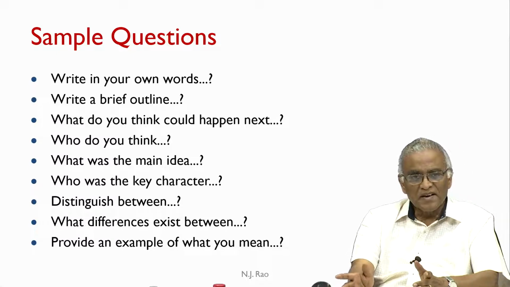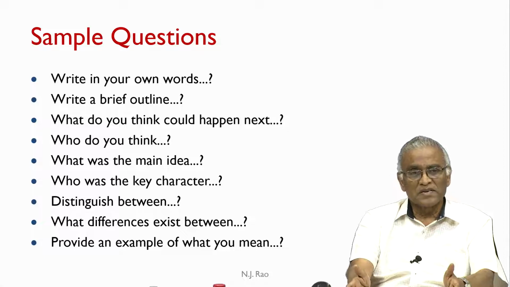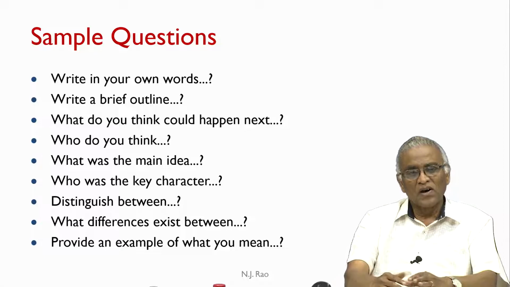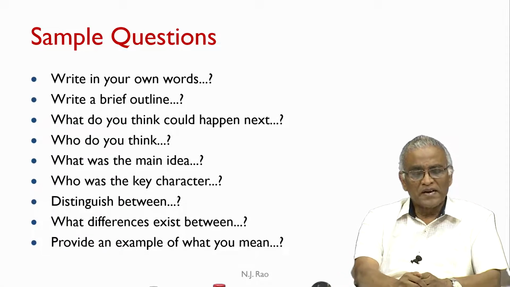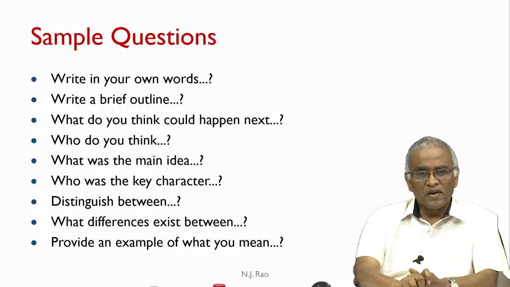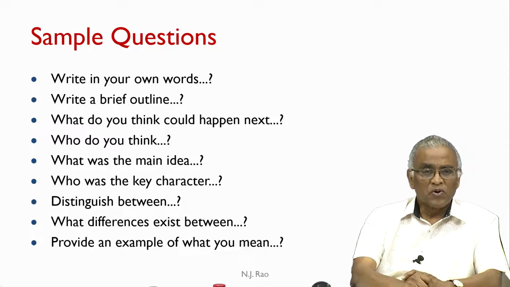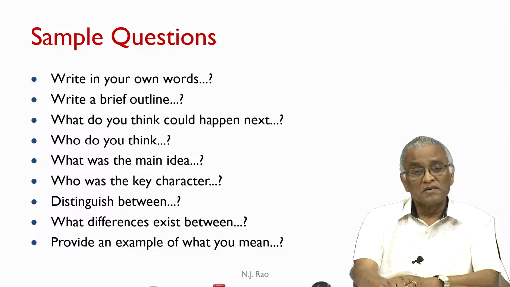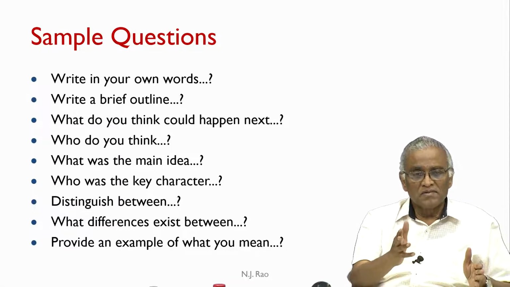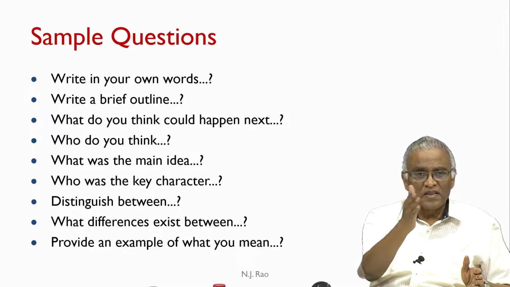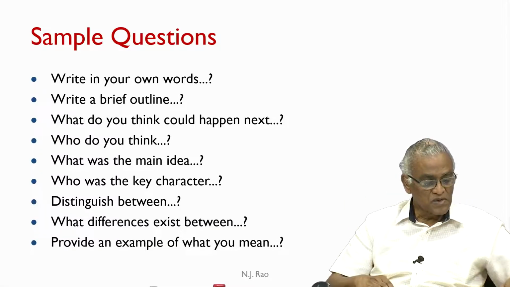What was the main idea presented in, let us say, some paragraph or some page or in a book or something like that? Who was the key character? Distinguish between. What differences exist between? Provide an example of what you mean. These are some sample questions. One can now fill in the dots with respect to your subjects.